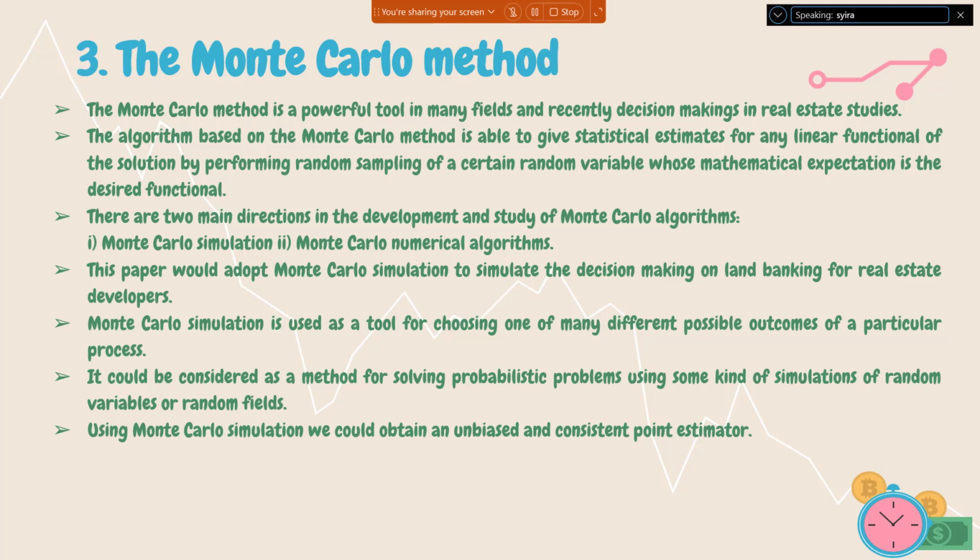Monte Carlo simulation is used as a tool for choosing one of many different possible outcomes of a particular process. It could be considered as a method for solving probabilistic problems using some kind of simulation of a random variable or random field. Using Monte Carlo simulation, we could obtain an unbiased and consistent point estimator. Next.